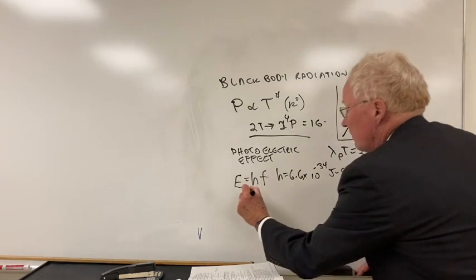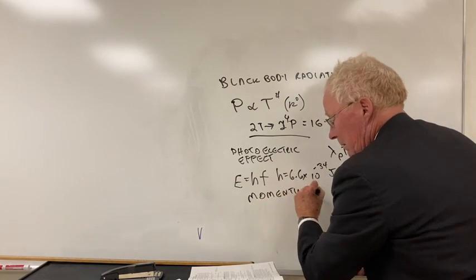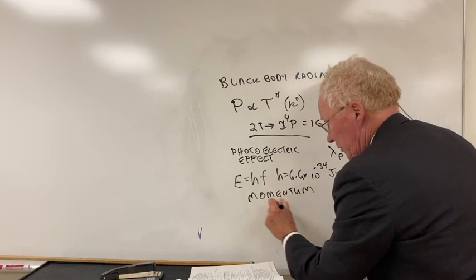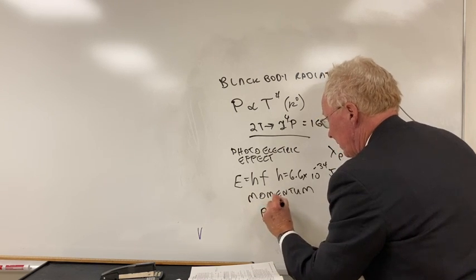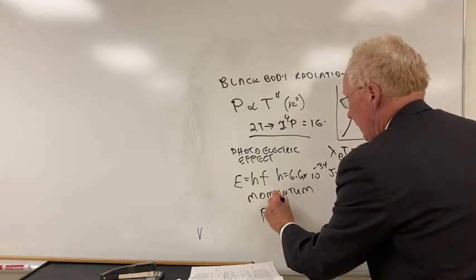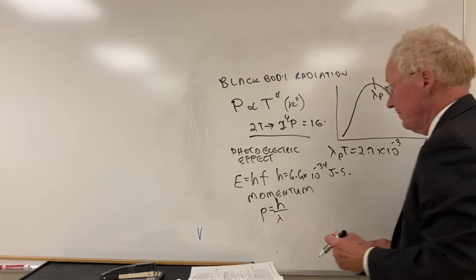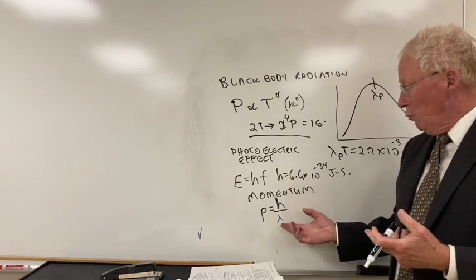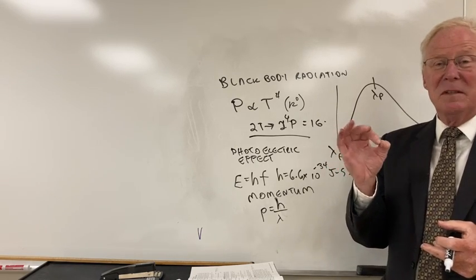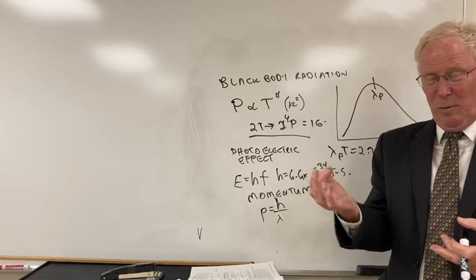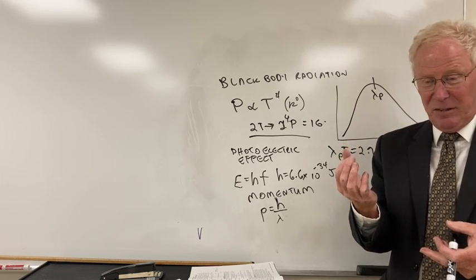We also have light momentum, which is p equals h over lambda. So any particle has a wavelength associated with it, but we can really only measure it for very small particles such as a proton or electron.